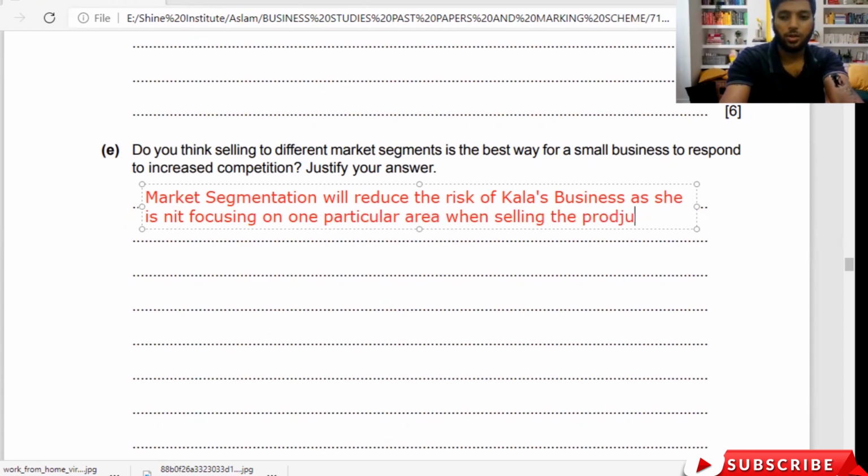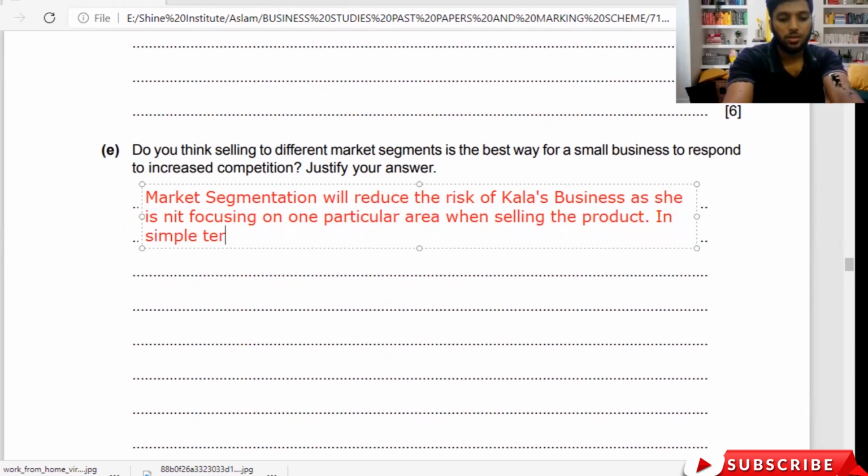In simple terms, you can also say she is diversifying her products into the market.